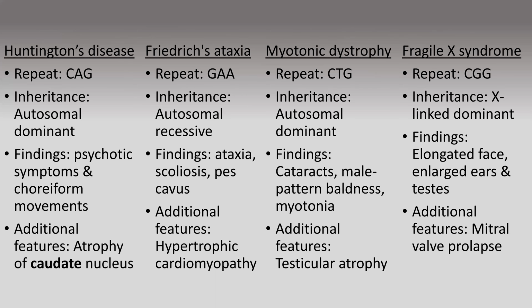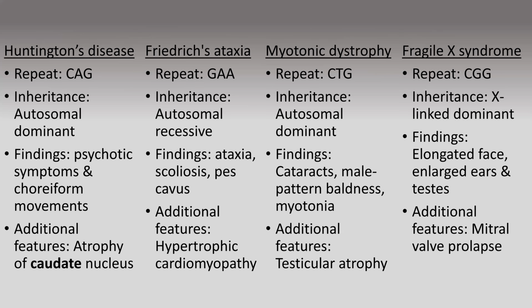Findings in Huntington's disease: remember you get psychotic symptoms and choreiform movements. Friedreich's ataxia, just like the name says, you get ataxia. You also get scoliosis and pes cavus, which is high arches. So look for those three findings. Myotonic dystrophy, classically, you get cataracts, male pattern baldness, and myotonia.